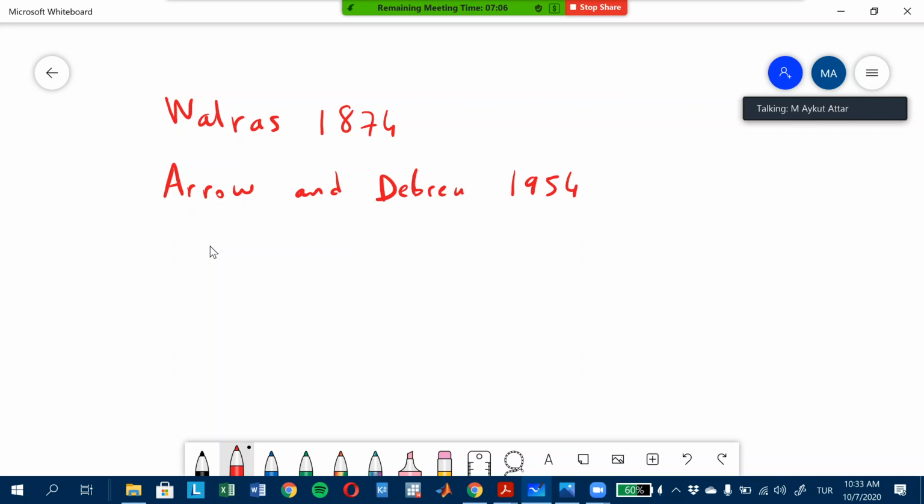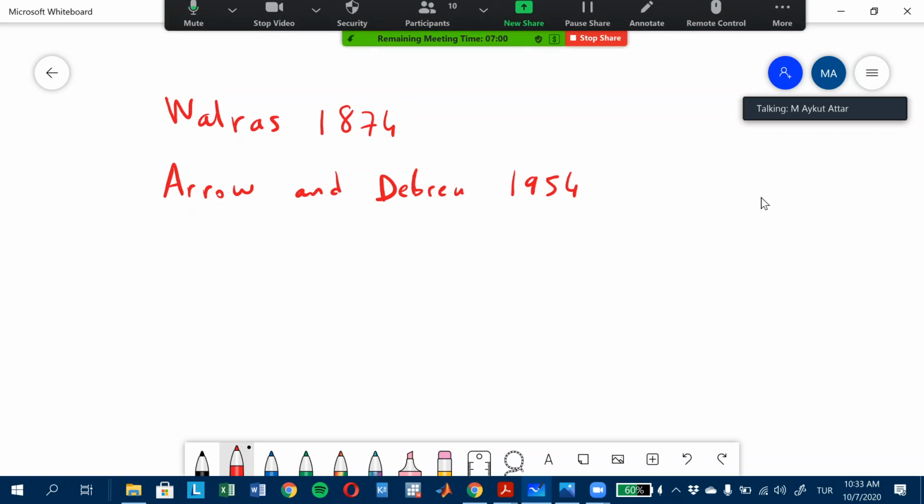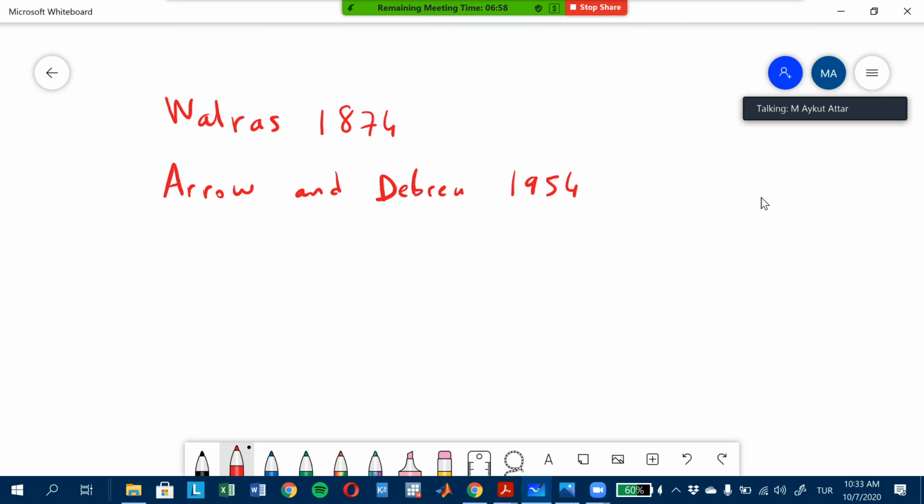So in the Walrasian model, what we see only demand functions, but after like a century later, 80 years later, we see a model where those demand functions, those excess demand functions for each good is actually originating from the constraints and preferences of firms and households.